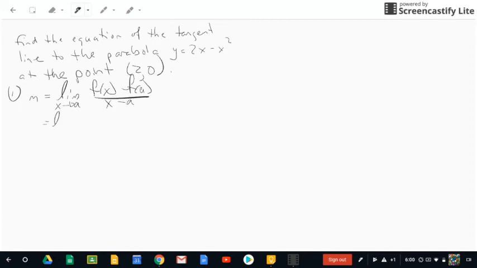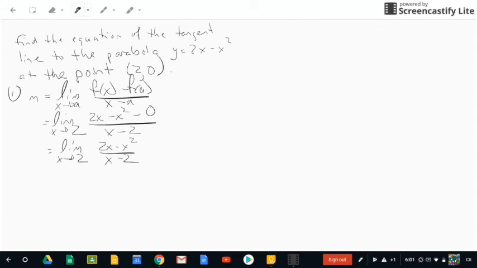In this particular case, that is going to be the limit as x approaches 2, the x-coordinate of the point of tangency. f of x is the general parabola, so it's going to be 2x minus x squared, minus the y-coordinate of the point of tangency, which is 0, all over x minus a, the x-coordinate of the point of tangency, which is 2. And so now we're left with the limit as x approaches 2 of 2x minus x squared all over x minus 2.